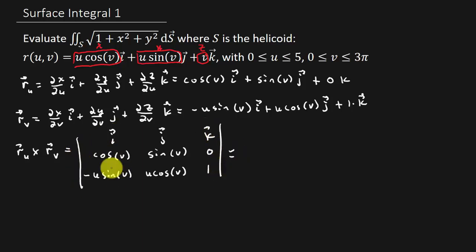If we cover up i, we get sine v times 1, that's sine v, minus u cosine v times 0. So that's minus 0, so that's just sine v i. And then remember the sign changes, so that's minus. Then we cover up the j column, so that's cosine v times 1, so cosine v, minus this times 0, which is just 0, so that's j.